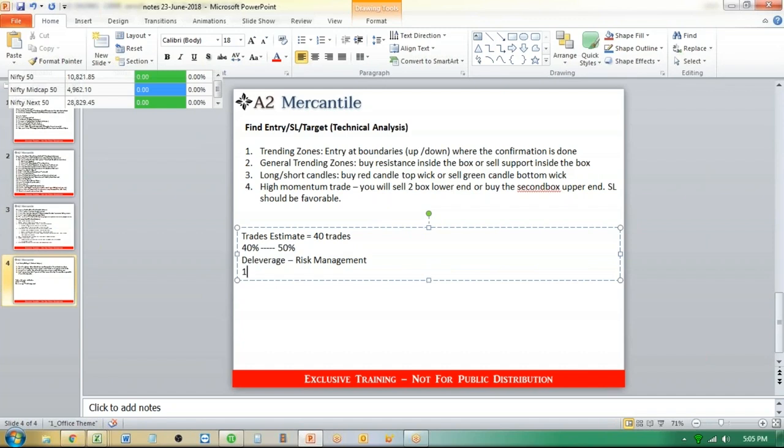Now say for example you have 10,000 capital. You can make it a habit that you will go up to say 4 trades in a day. So 4 trades in a day, say for example.